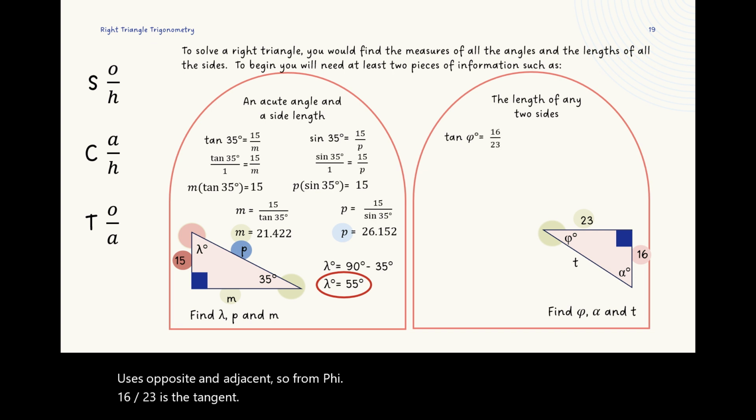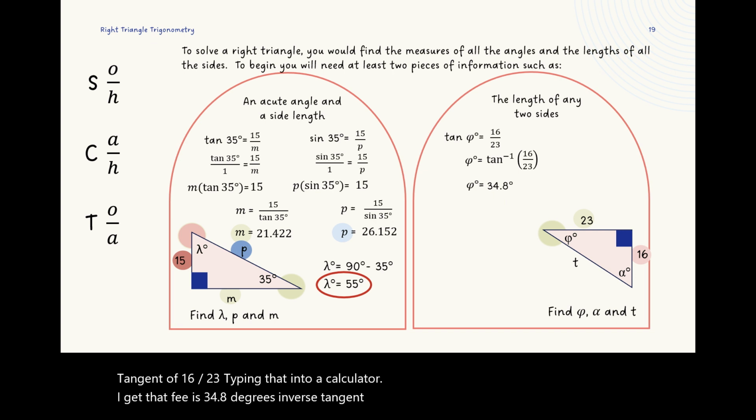That means phi should be the inverse tangent of 16 over 23. Typing that into a calculator, I get that phi is 34.8 degrees. Inverse tangent, 16 divided by 23, enter.